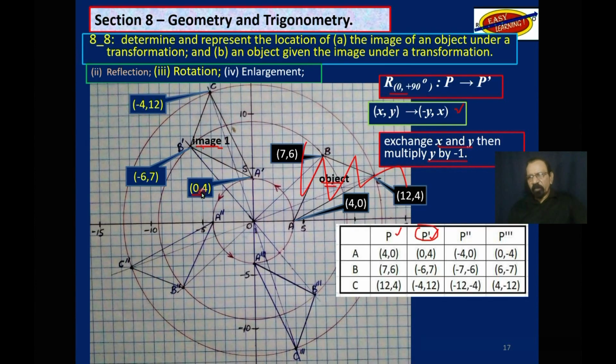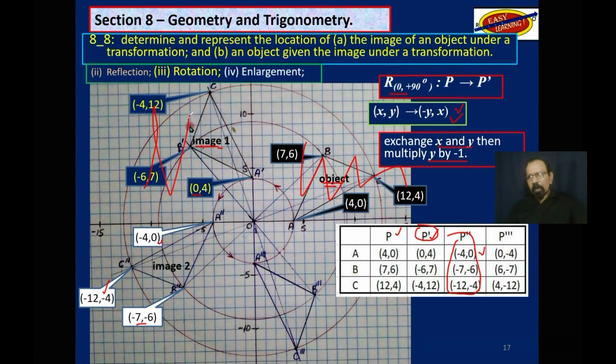So if we exchange that and multiply the 4 by negative 1, then this A here becomes negative 4, 0, which is this. And the same thing goes for B, negative 6, 7 would become negative 7, negative 6. And the same thing goes for this C, negative 4, 12 would become negative 12, negative 4. So we are following the same rule here.